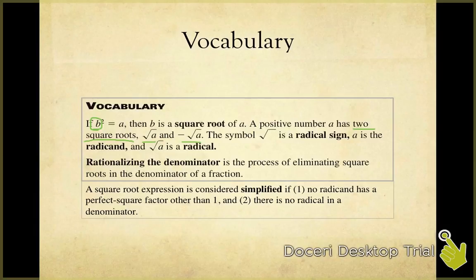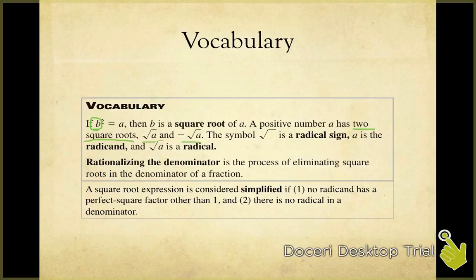In those kinds of cases, we're only interested in the positive. But when we are solving equations, we are always interested in all of the possible solutions, and therefore we have to consider both the positive square root and the negative square root. Okay, so keep that in mind as we move forward.